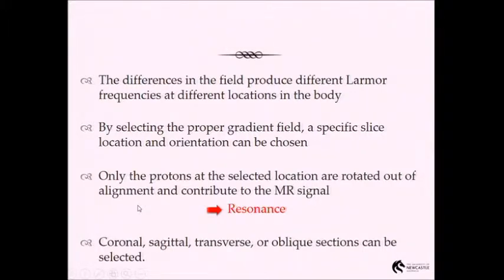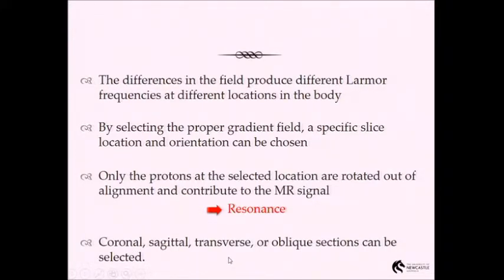So only those ones at that right location are flipped into the transverse plane and contribute to the MR signal. And I've highlighted there, by resonance. It has to be transmitted at exactly that right frequency to match the spatial location within the body. And because of that, we can do direct coronal, sagittal, transverse, or indeed oblique.